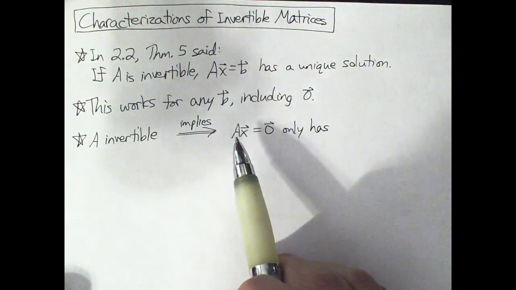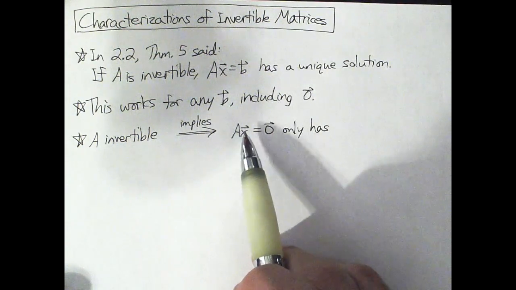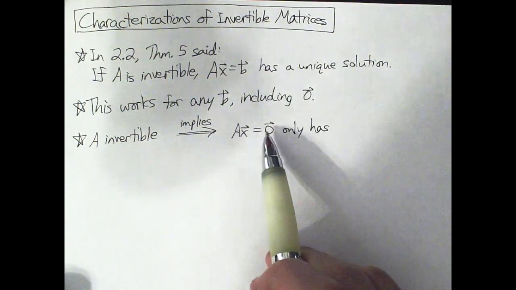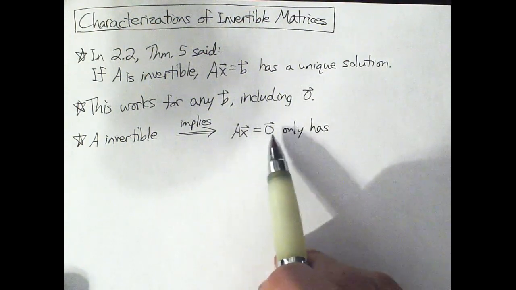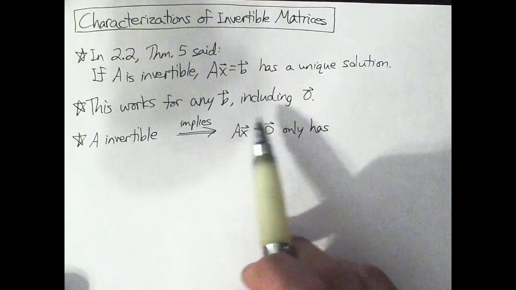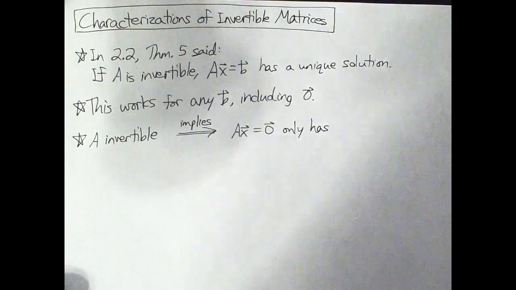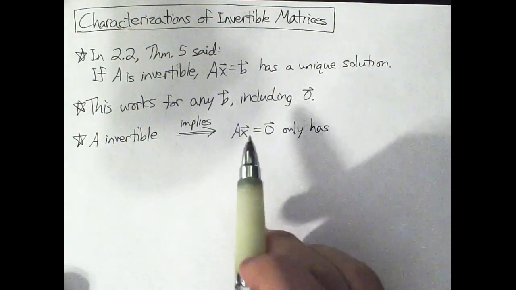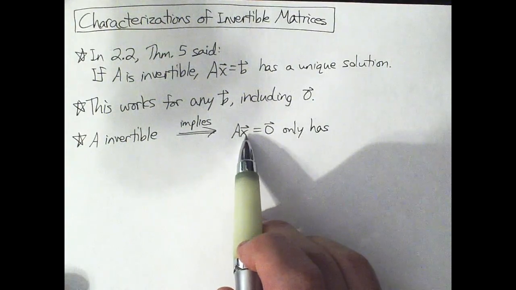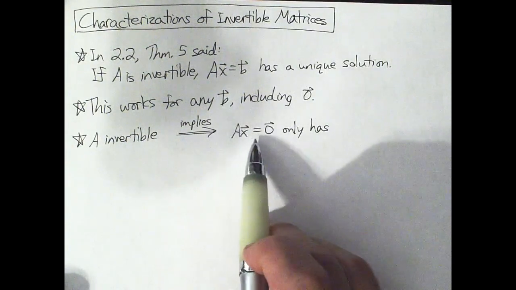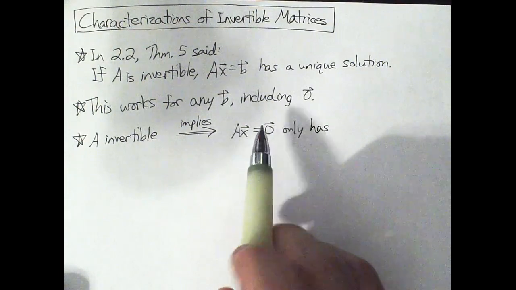Think about the homogeneous equation AX equals 0. We know from previous lessons that this matrix vector equation always has at least the trivial solution. The trivial solution would be X equals the zero vector. Okay? This always has at least the trivial solution.